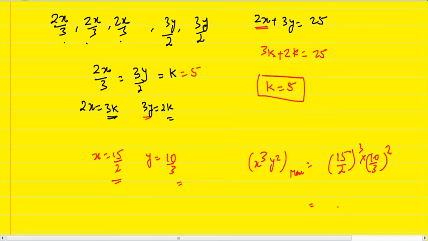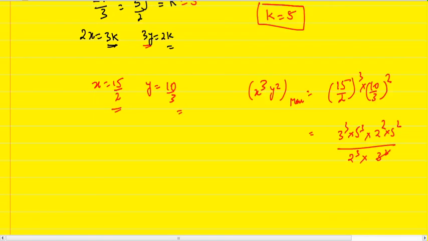If you can cancel some terms, do that. 15 is 3 into 5, so 3 cube into 5 cube. 10 is 2 into 5, so 2 square, 5 square, divided by 2 cube into 3 square. Whatever can be cancelled, cancel it out. 3 to the power 1 remains, 2 to the power 1 remains. So what you basically have is 3 multiplied by 5 to the power 5 divided by 2. Guys, this is your answer.